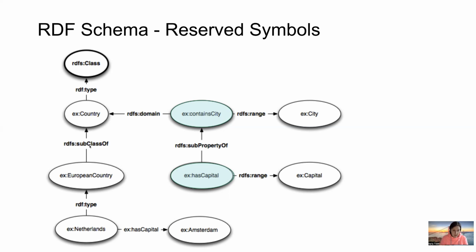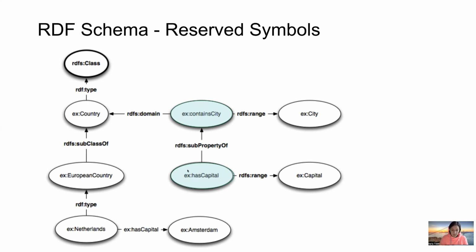So we specify European country as a subclass of country, and then we specify the properties that relate to these classes. The properties are highlighted in blue to remind you that when we represent properties in a schema, using RDF schema, properties are also considered classes.